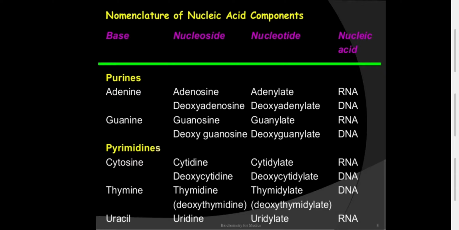The difference between the nitrogenous bases of DNA and RNA is that DNA has adenine, guanine, cytosine, and thymine, while RNA has adenine, guanine, cytosine, and thymine is replaced with uracil. So always remember that one.